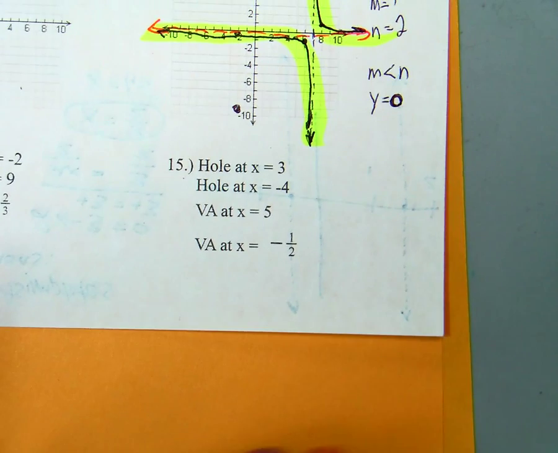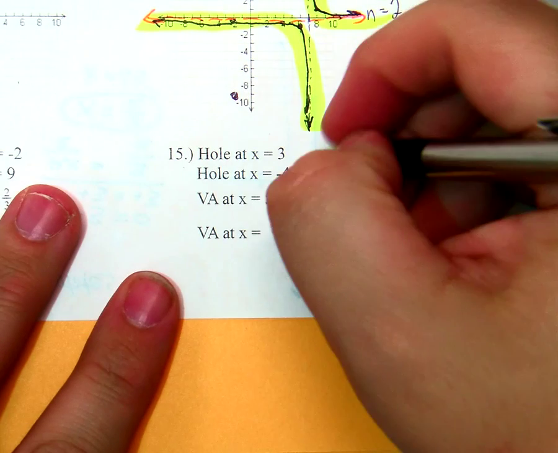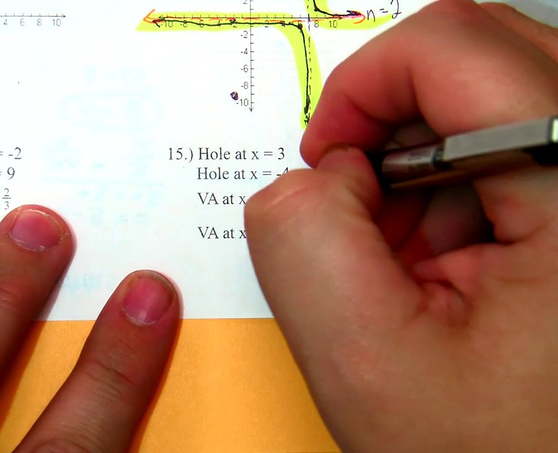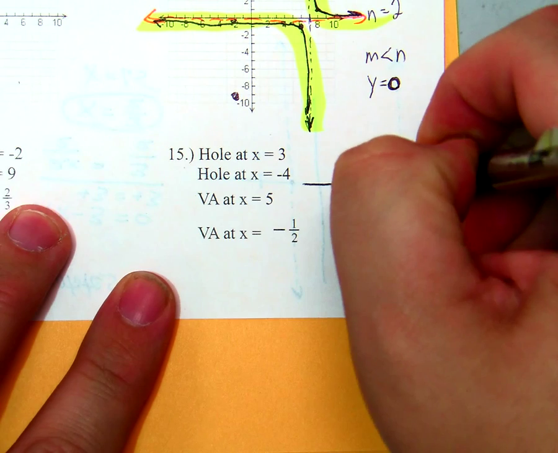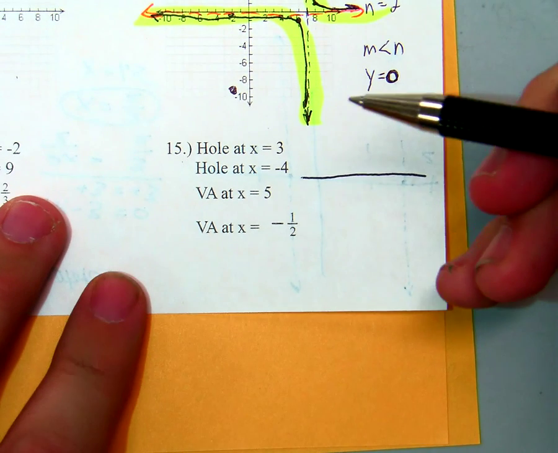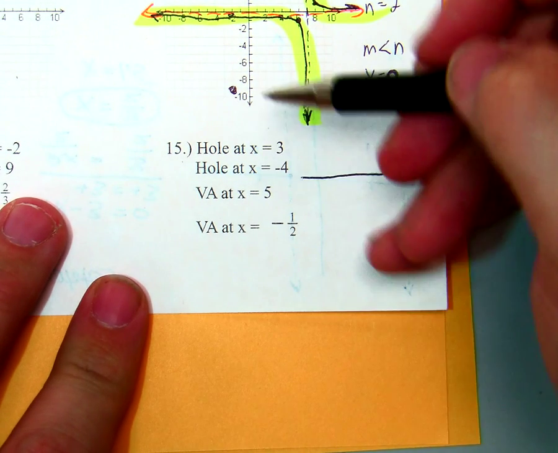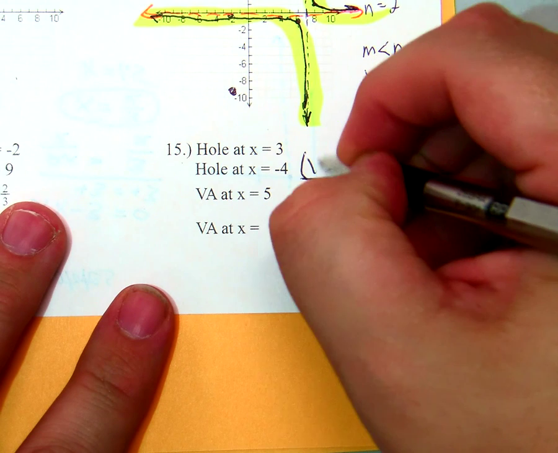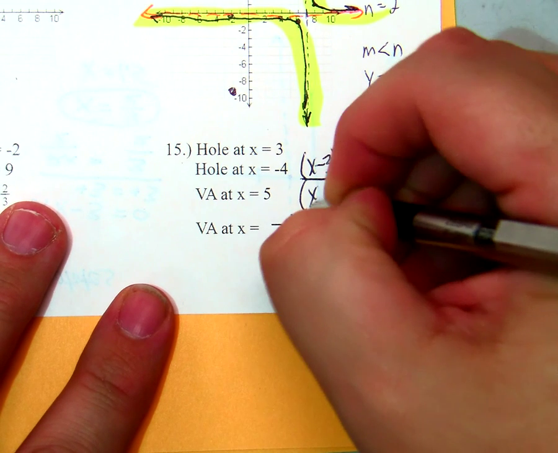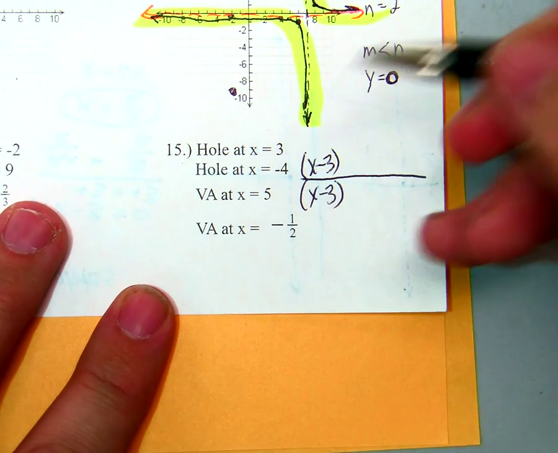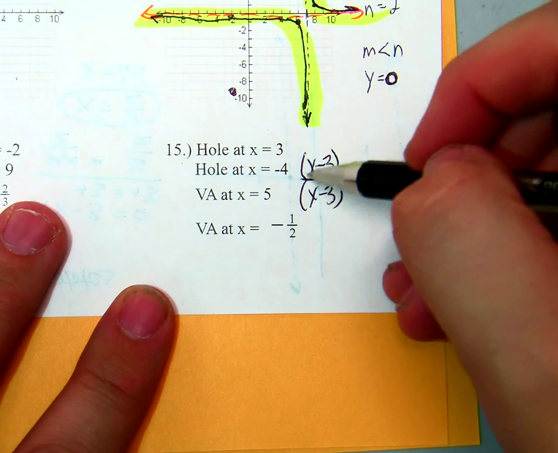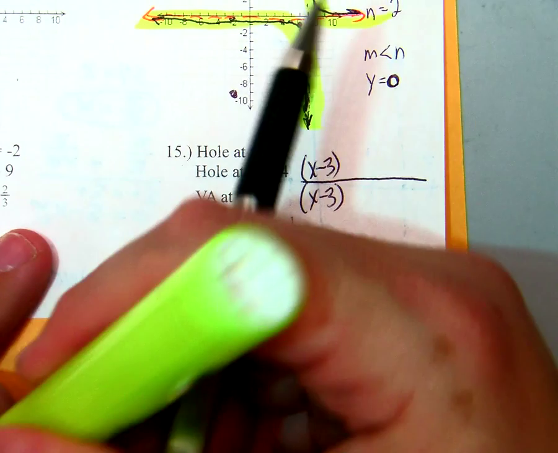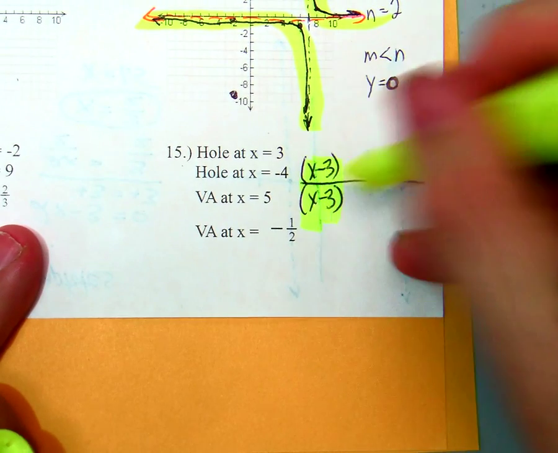Now, if it's a hole, it's removable. So I can do an x minus 3 over an x minus 3. Remember, you have to use the opposite of what you see. And since it's removable, because I can divide those out, we end up with a hole. It's where the factors can divide out.